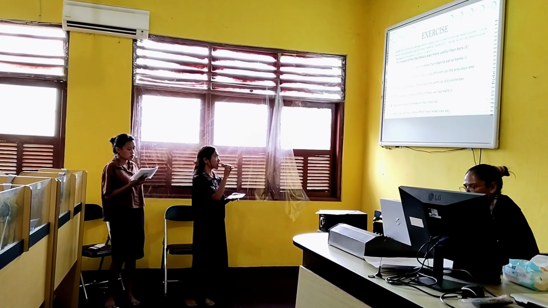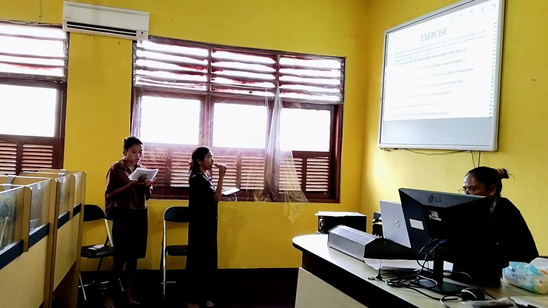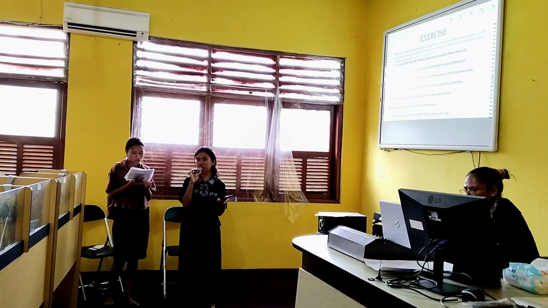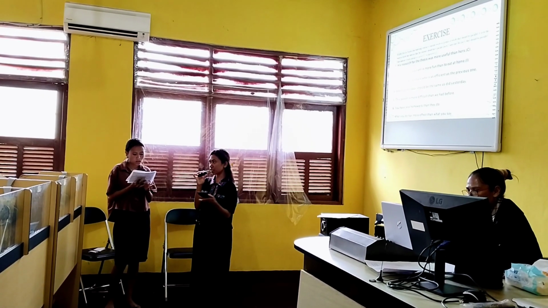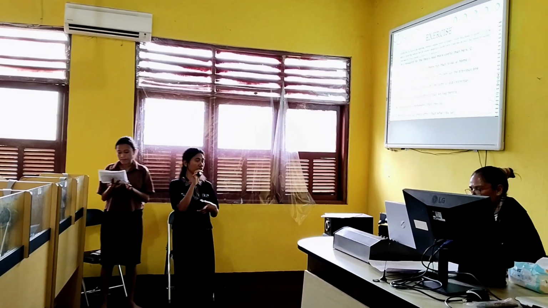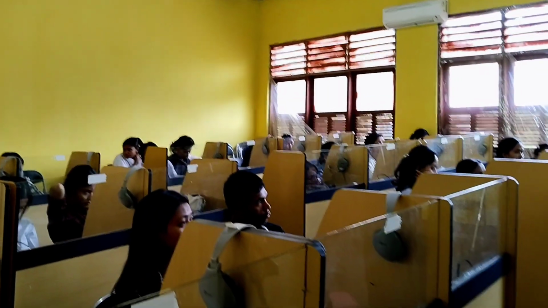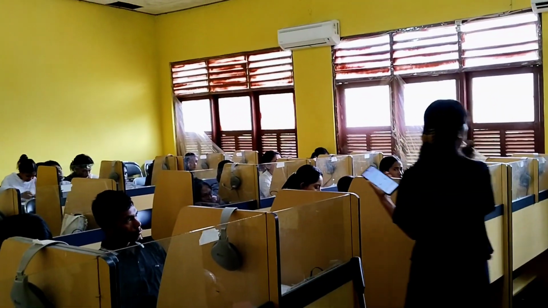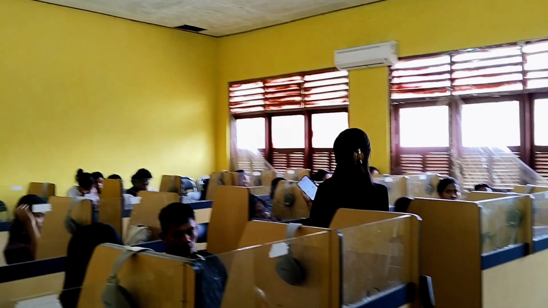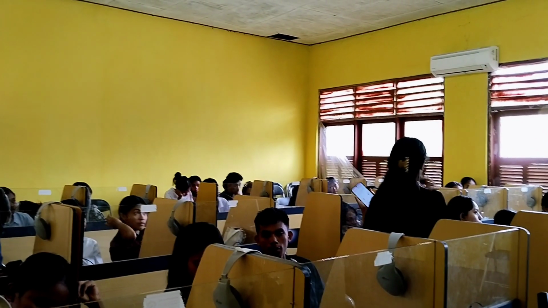So let's do exercise number 3, 4, 5, 6, and 7, which we would like to divide among groups. Number 3 will be answered by Fanny's group. Number 4 by Nini's group. Number 5 by Frida's group.